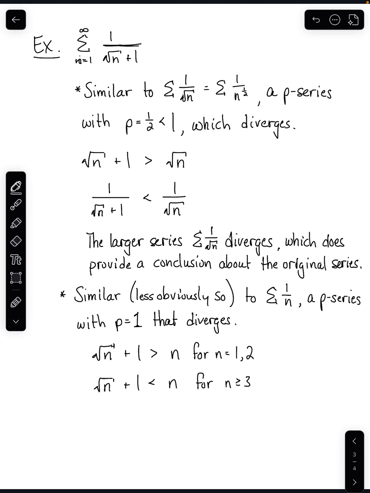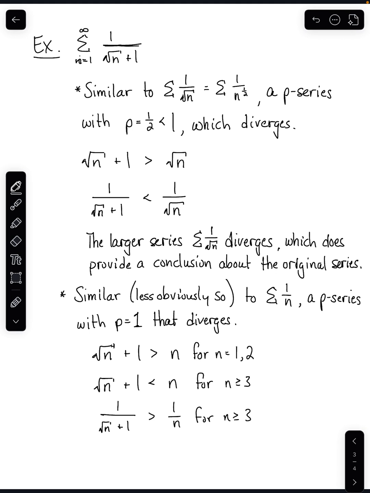Now, what that means, of course, is that 1 over the square root of n plus 1 is greater than 1 over n for n greater than or equal to 3. So what we now have is a smaller series.